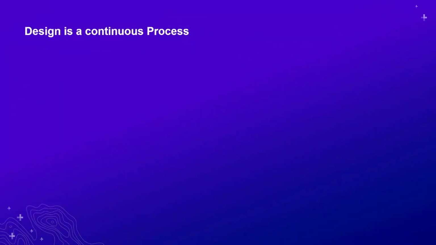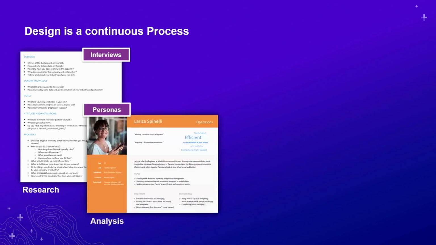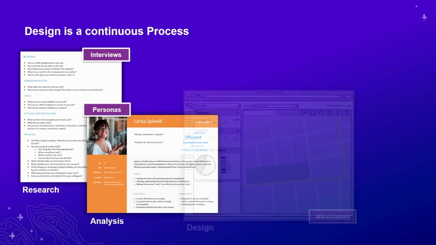So the answer here is design, and great design is when you follow a continuous process. Design is very rarely based on a stroke of genius. It's a painstakingly taken design process. In many cases, it starts with research, like interviews or surveys, which inform our analysis, and a typical output of analysis is personas. I've already talked about it. And then those personas directly influence our design decisions, right?